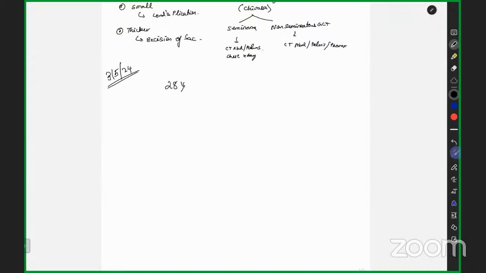What we are going to discuss tomorrow is a 28-year-old male coming to you with a lump in the abdomen at the epigastric region. So this is how the patient is going to come to you. Now you're going to write down what are the possible diagnoses I can arrive at from this 28-year-old male with a lump in the abdomen at the epigastric region. I'll be checking you out tomorrow.